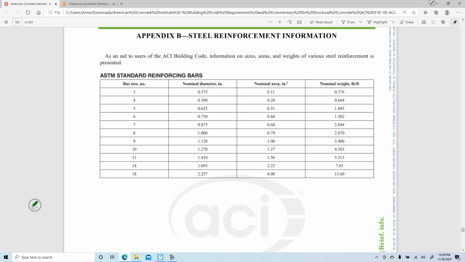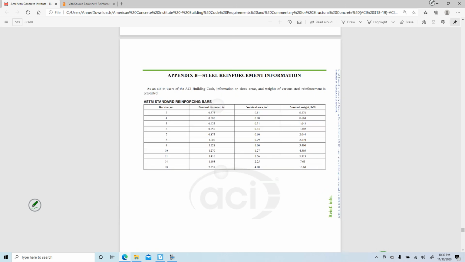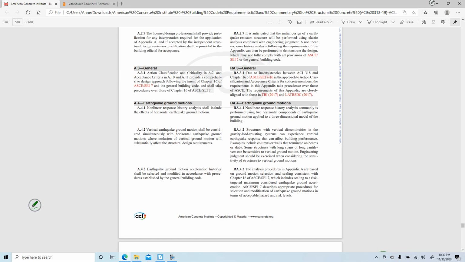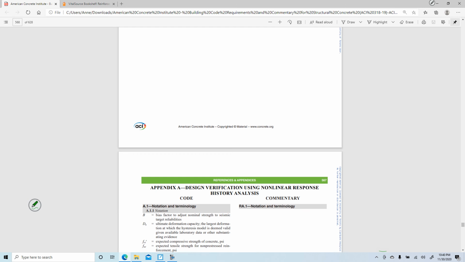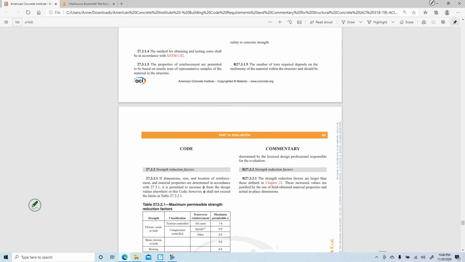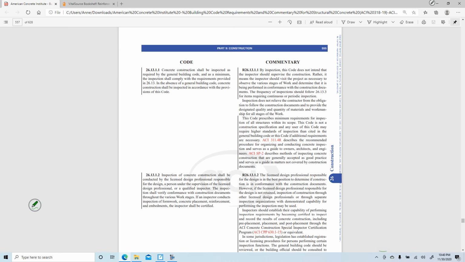25. Column transverse reinforcement. That's what it's called. I was looking for the word shear. Okay, page 499. I have the tab, I just couldn't find it for some reason. Page 499, column transverse reinforcement.